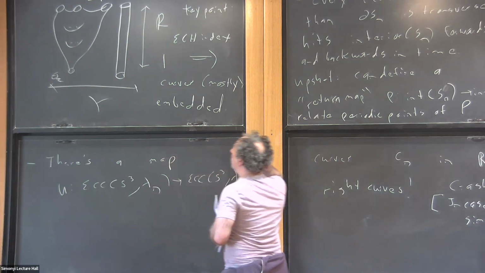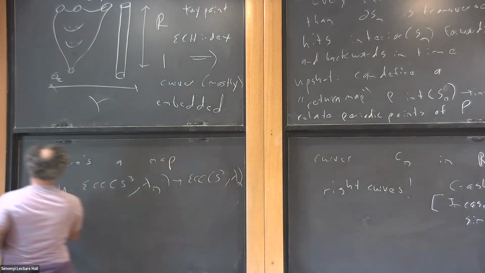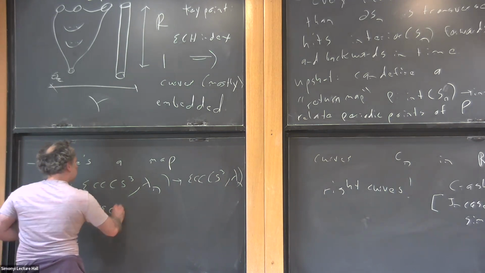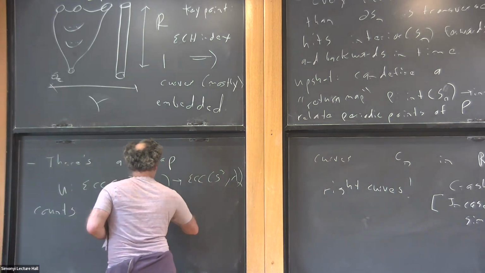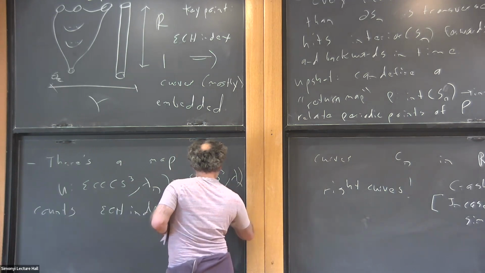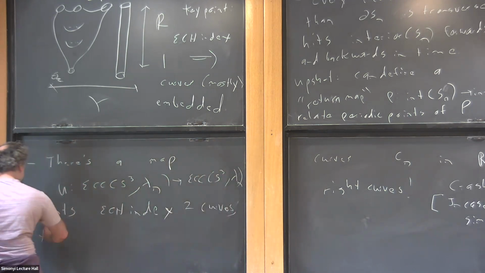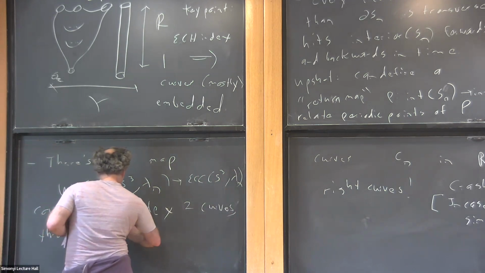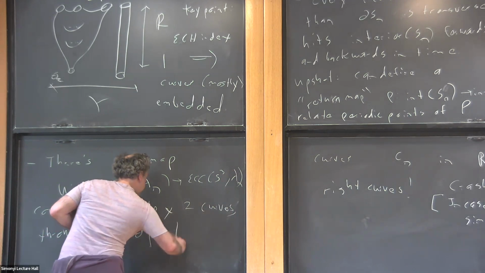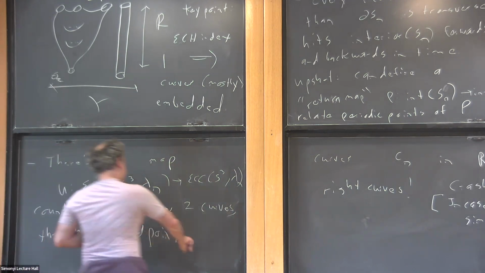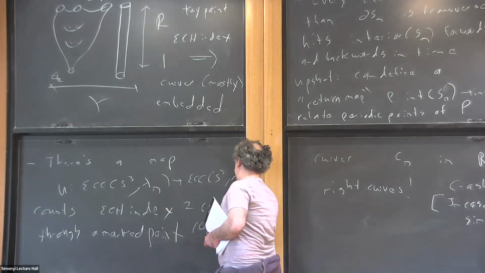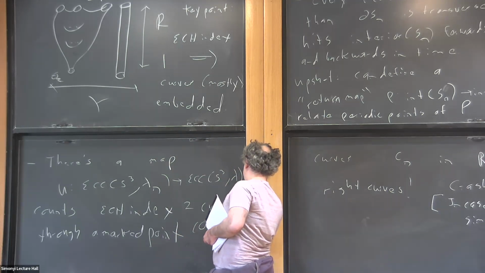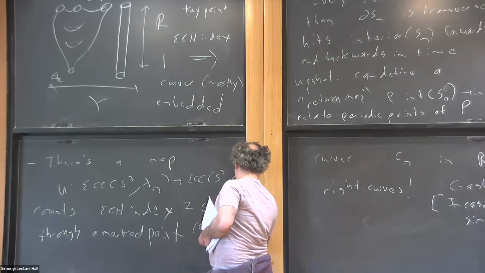It's defined similarly to the differential, but it counts ECH index 2 curves through a marked point. Let's just say we'll write it like this. We might as well just assume that the point has height 0 and is in R cross Y.